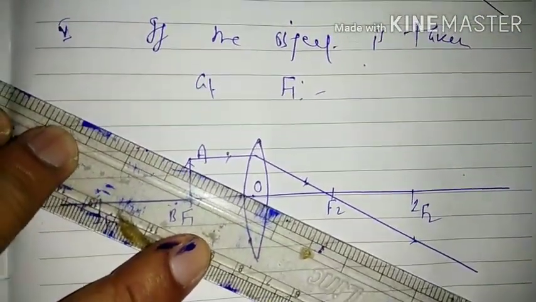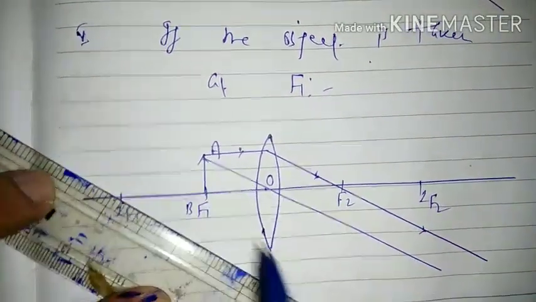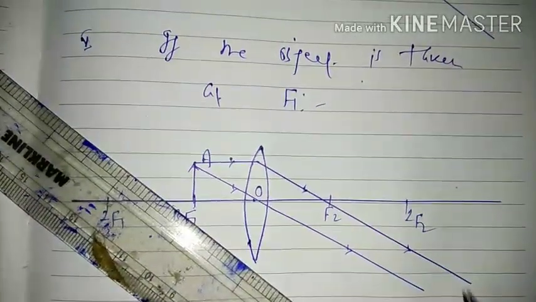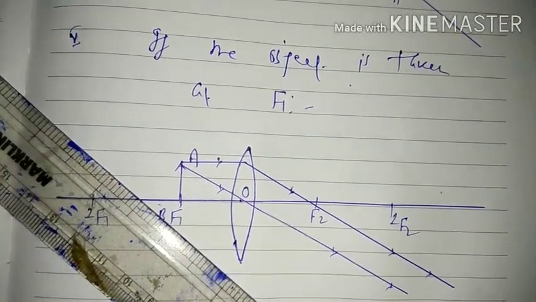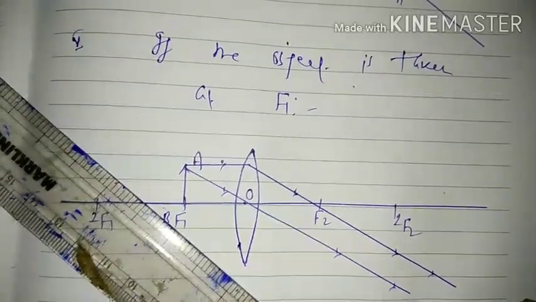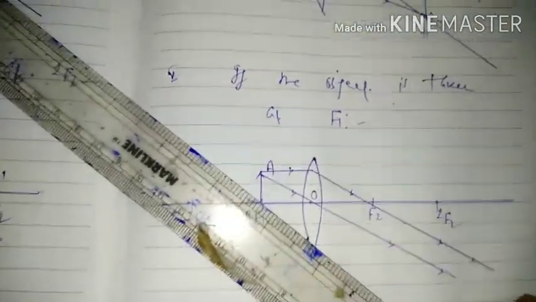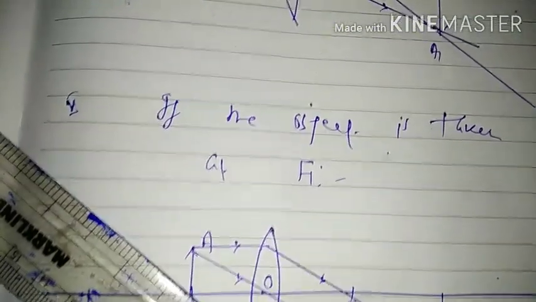We see that both these rays become parallel after refraction. And in geometry, we have read that parallel rays meet at infinite distance. So in this case, the image will be formed at infinite distance. It will be real, inverted and highly magnified.